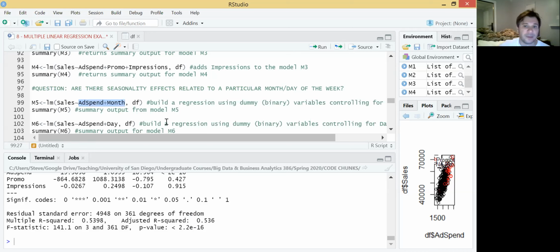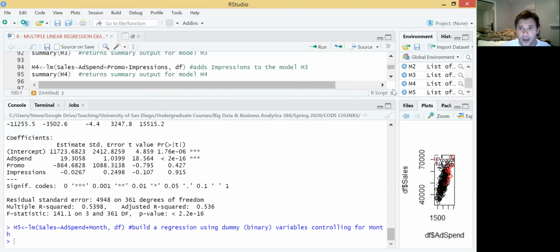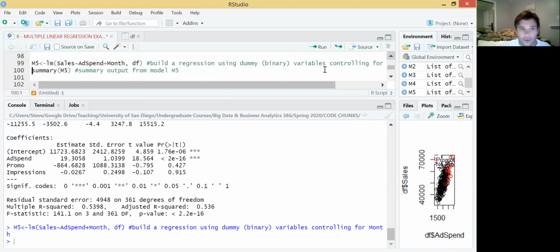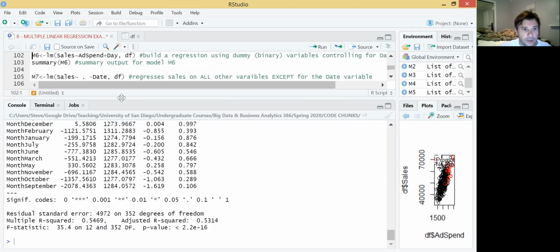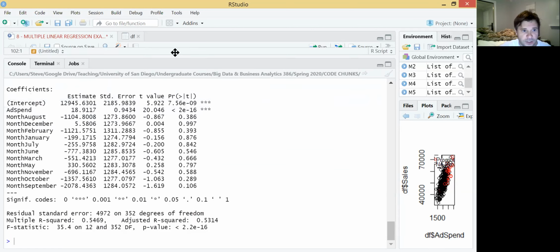It will create dummy variable columns for you, indicating if the month is January or not, or February or not. So on and so forth. So when we run this model, you're going to see that even though it looks like we added one variable on the right-hand side, when we look at the summary output from running model M5, you'll notice down below, so let me just shrink this so you can see here.